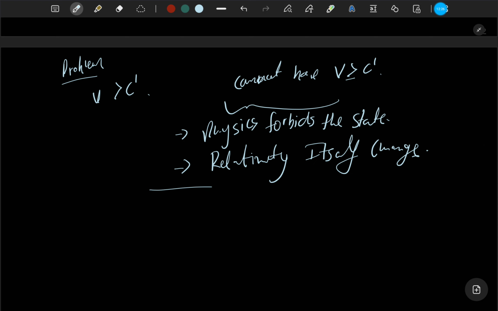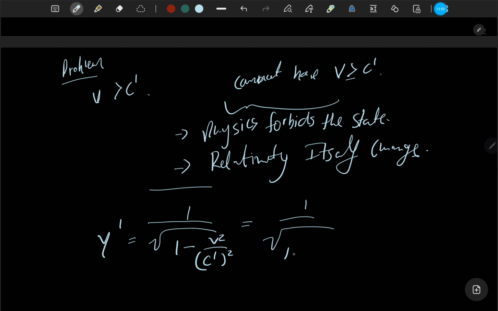Then for the same v, a new Lorentz factor becomes gamma dash is 1 by under root 1 minus v squared by c dash squared, and this would be something like 1 minus v square by k square c squared, right?